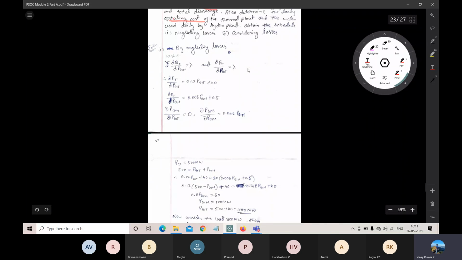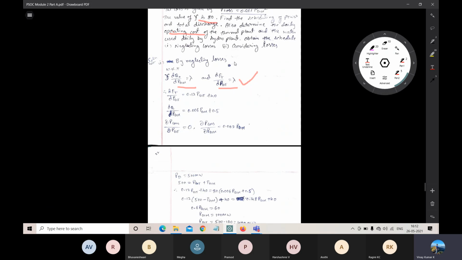Yesterday we derived these equations, so if you go through yesterday's class, you will get these equations for the no loss condition. So gamma dq naught by dPGH is equal to lambda, and dft by dPGT is equal to lambda. This lambda is for thermal and this lambda is for hydel, that is, the penalty factor for hydel and the penalty factor for thermal.